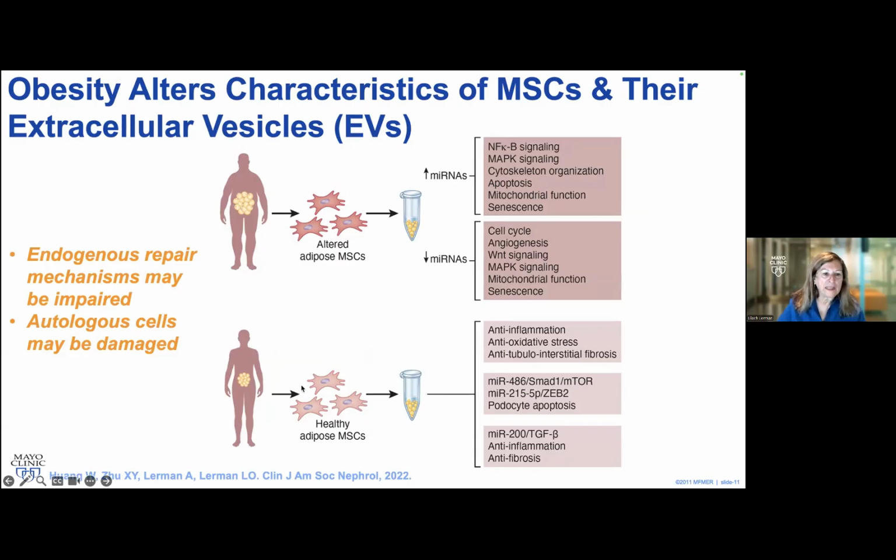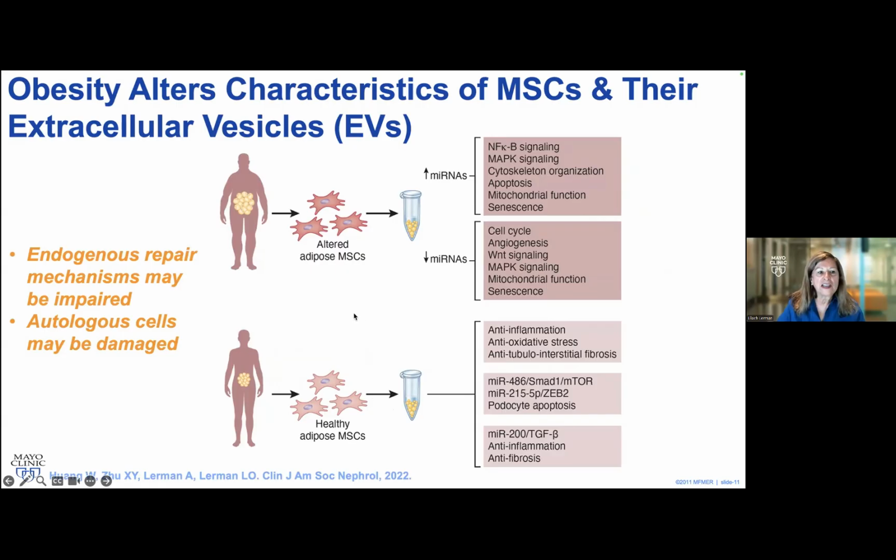Normally, healthy adipose tissue-derived MSC express genes that are associated with anti-inflammation, reduced oxidative stress, and decreased fibrosis, for example, in the tubulointerstitial area of the kidney and other regions as well. On the other hand, in obesity, there is increased activation and expression of genes that are associated with inflammation, apoptosis, interruption of mitochondrial function, and senescence.